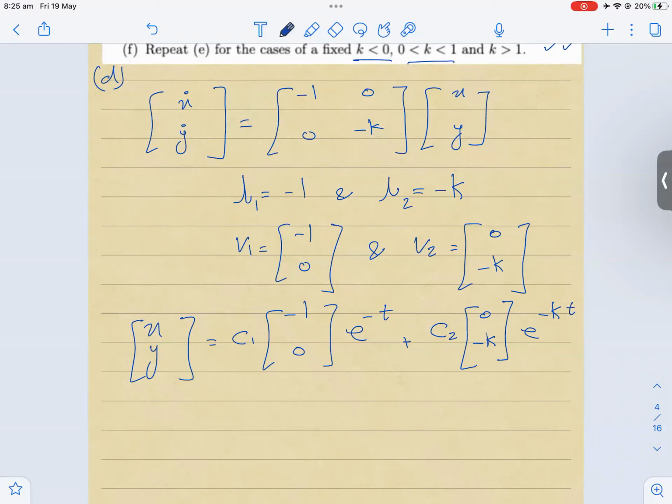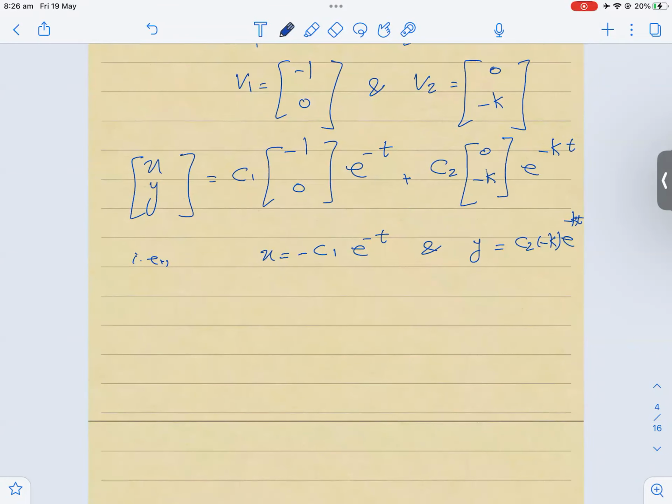In other words, x is minus c1 e to the minus t, and y is c2 times minus k e to the minus kt.